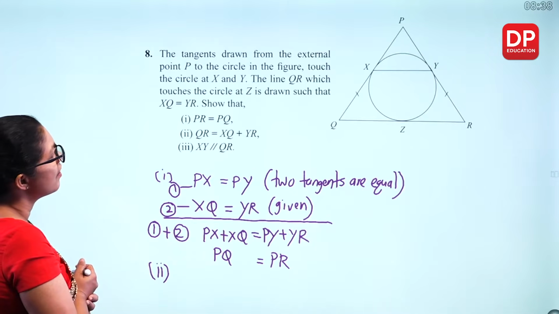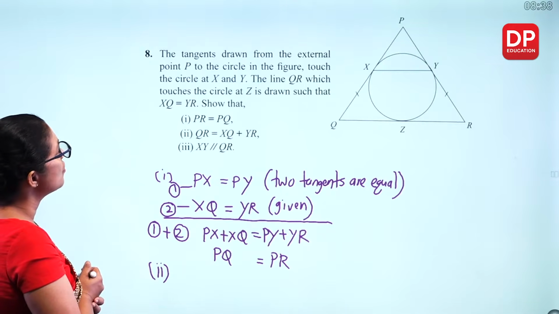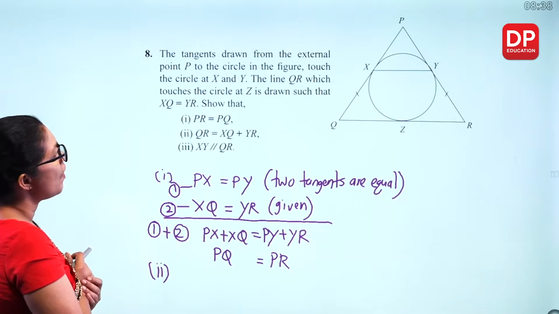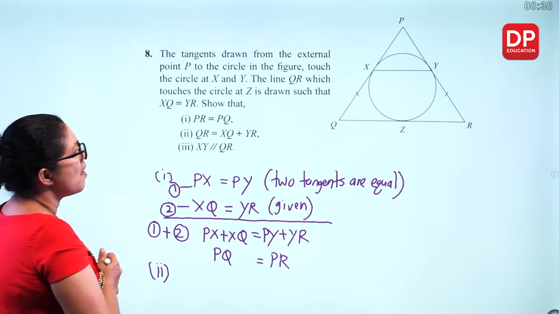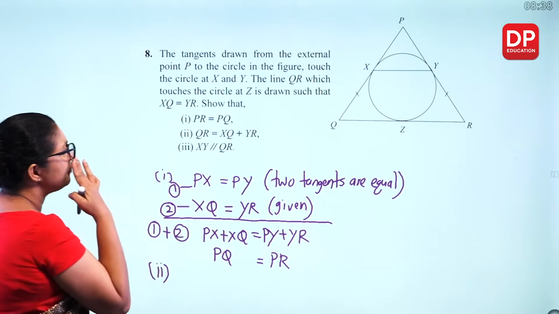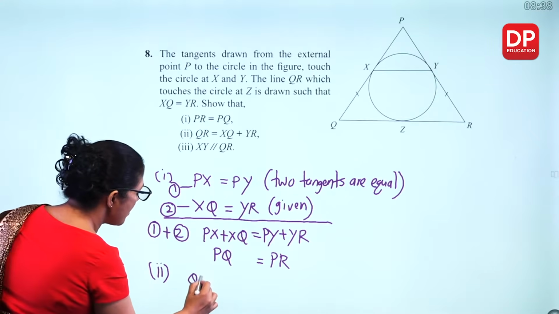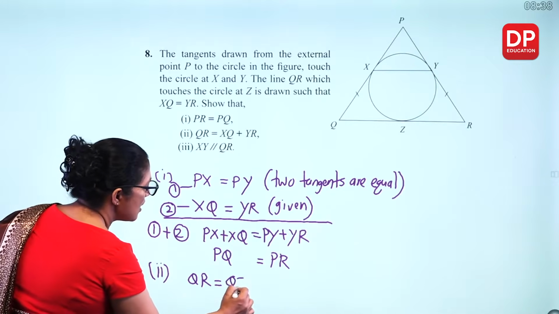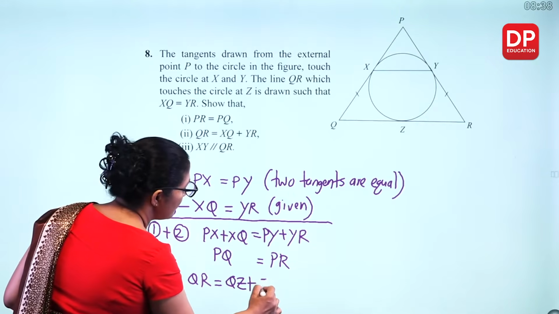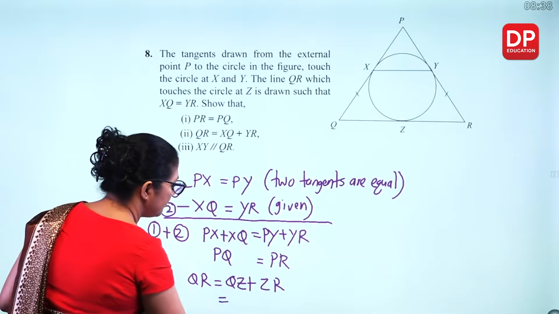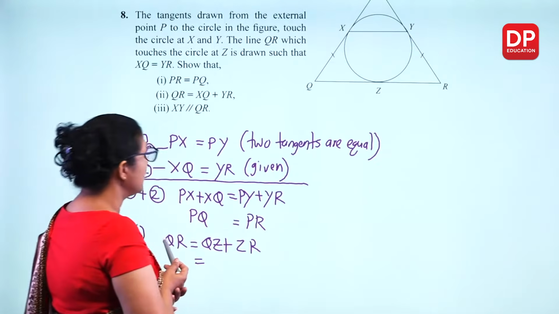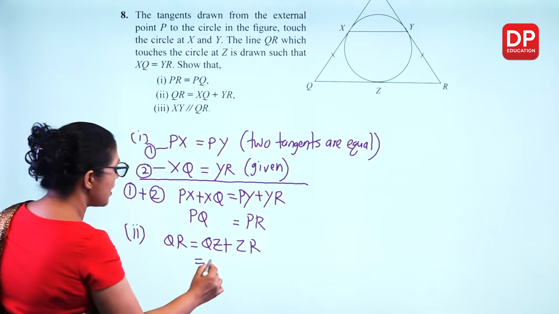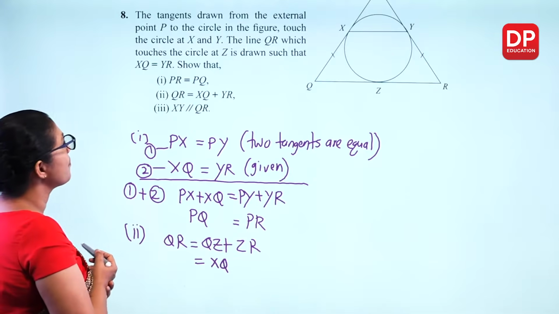The next one, QR is equal to XQ plus YR. Look at the diagram. What is QR? QR is QZ plus ZR. QZ plus ZR. But we know QZ is same as XQ. Why?